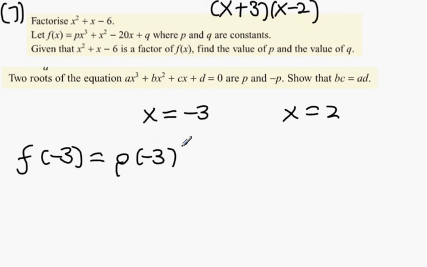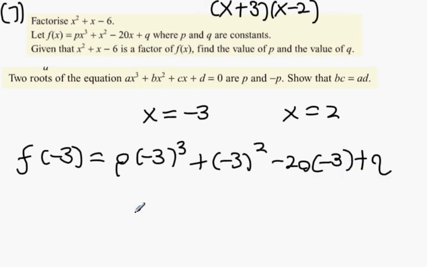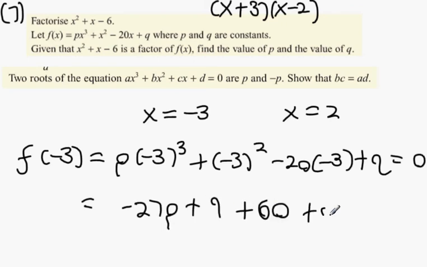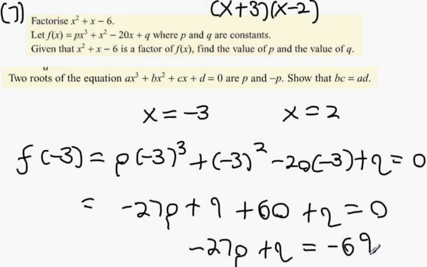P times minus 3 cubed plus minus 3 squared minus 20 times minus 3 plus q. We're going to get minus 27p, all equals 0, minus 27p plus 9 plus 60 plus q equals 0. Minus 27p plus q equals minus 69.